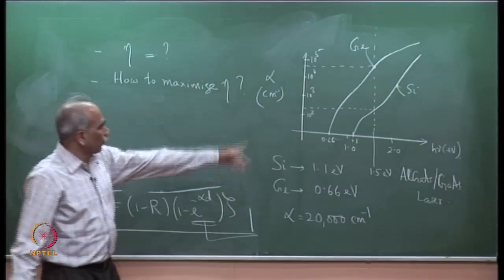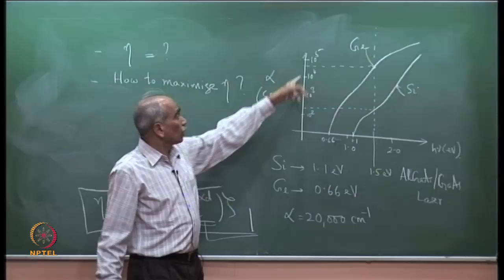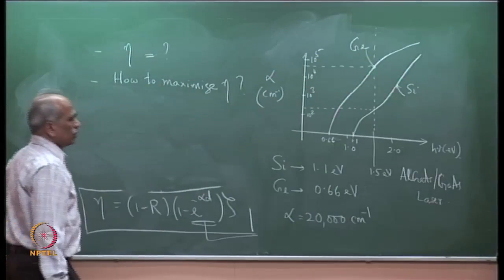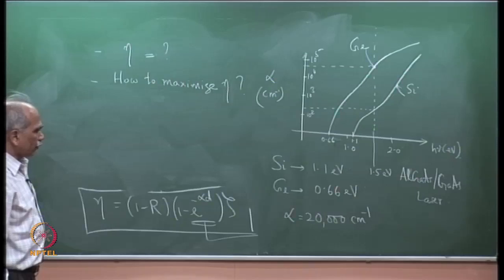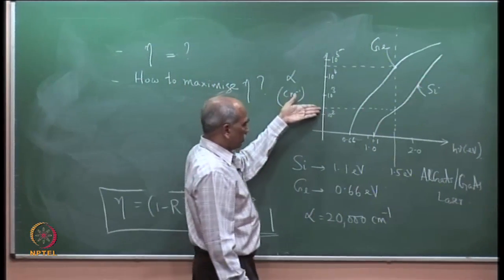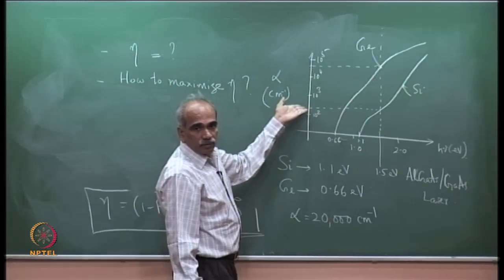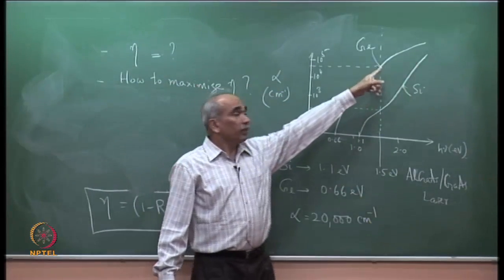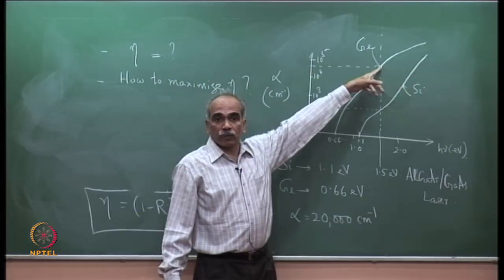2 into 10 to the power of 4, okay, 10 to the power of 4 is here, this is a log scale. So, 2 into 10 to the power of 4 I have written, or maybe 3 into 10 to the power of 4 centimeter inverse, and for silicon it is a few hundred centimeter inverse. So, for this wavelength germanium has a very high absorption coefficient.